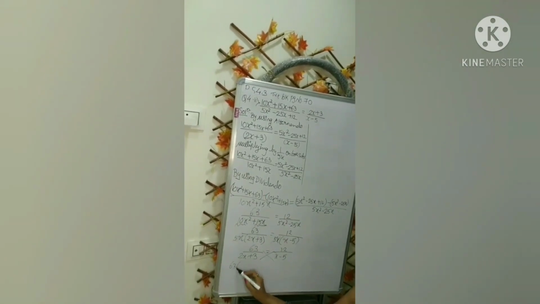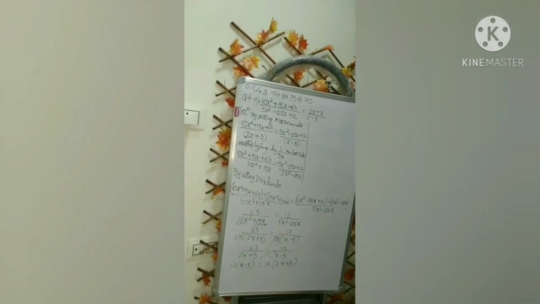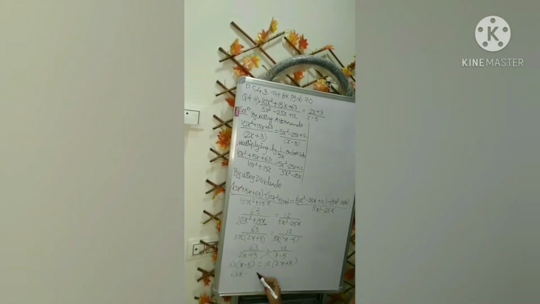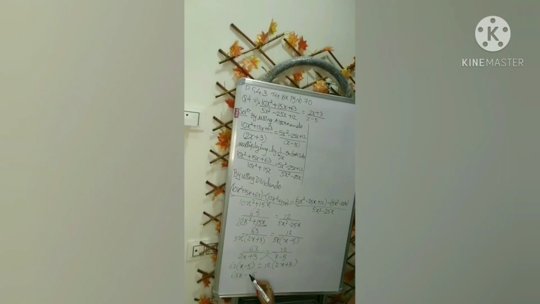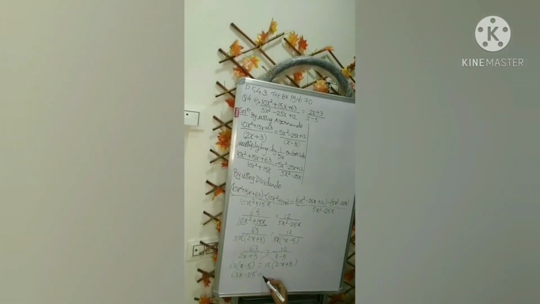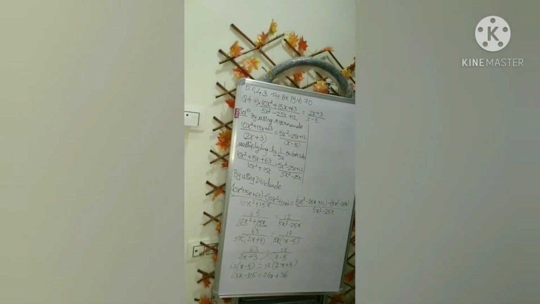So I say 63 multiplied by x minus 5 is equal to 12 multiplied by 2x plus 3. Okay, 63x minus 3 5s are 15, 6 5s are 30 and 1 is 31, so we get 315 there. And 12 2s are 24x plus 12 3s are 36.